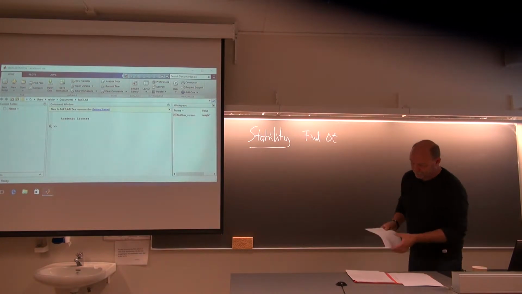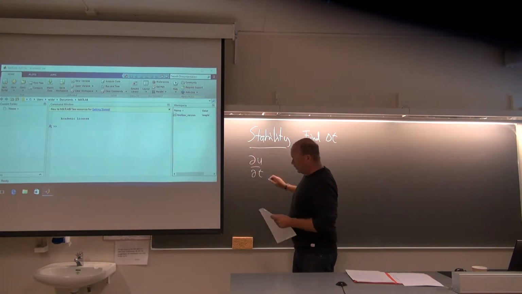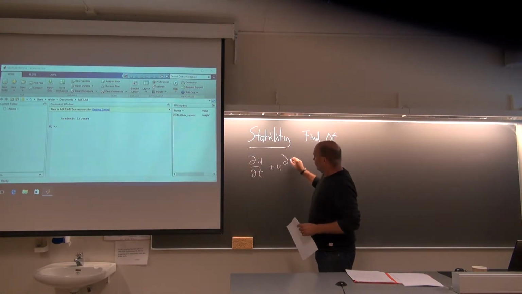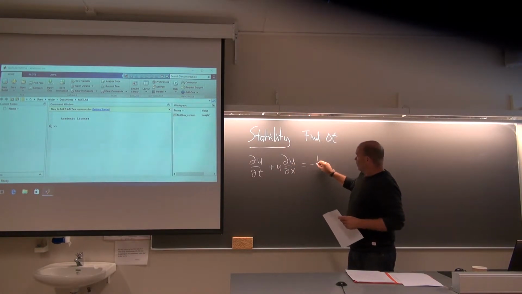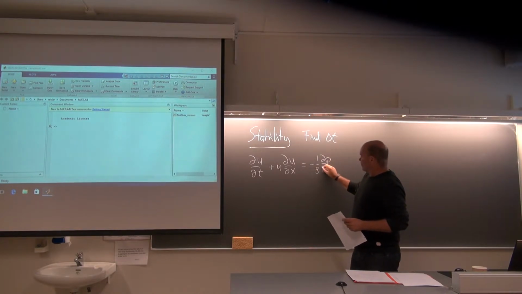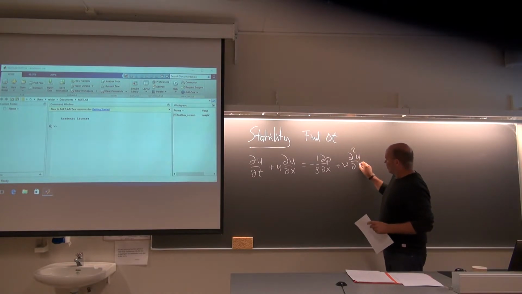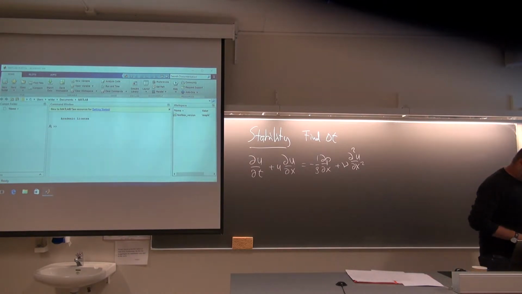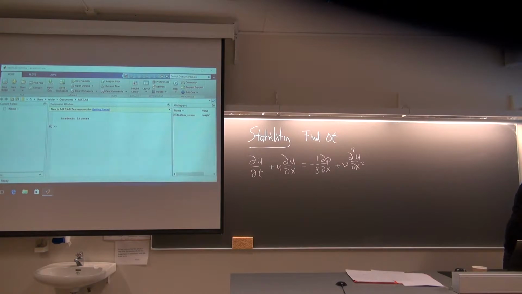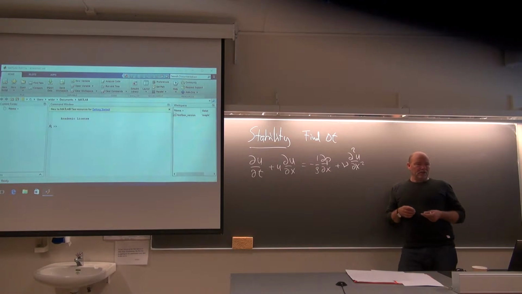So how do we deal with such a complex equation as the Navier-Stokes? Here I am just picking some terms from the Navier-Stokes. When we do the stability analysis, we don't really do the entire equation.